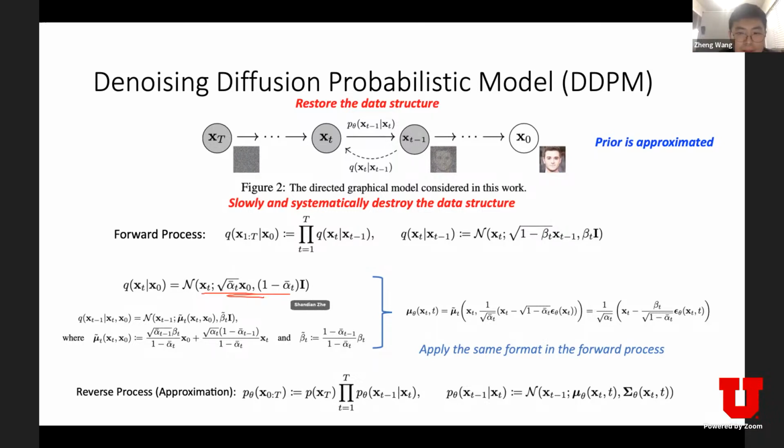Yeah. You're assuming xt equals square root alpha_t hat times x0 plus square root 1 minus alpha_t hat times some noise, right? Yeah, they just combine these two structures together.